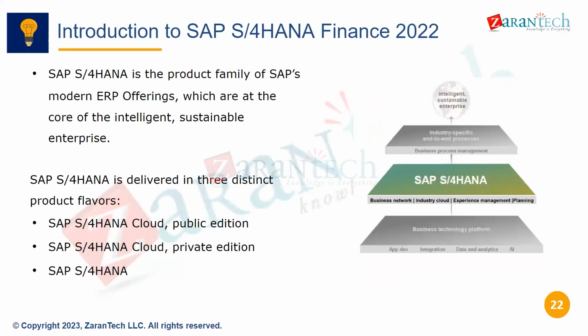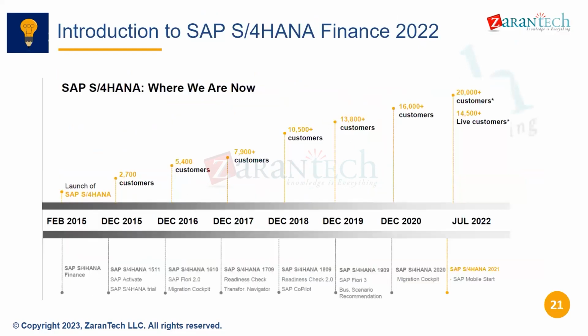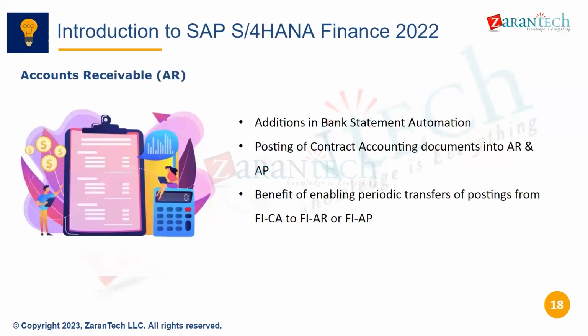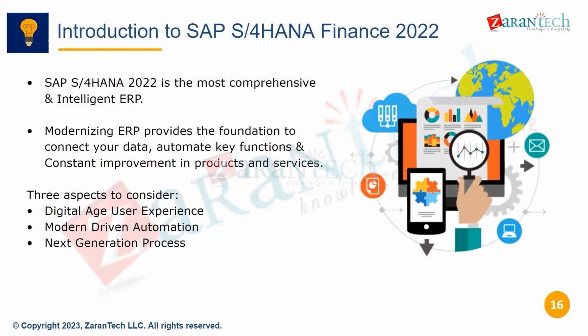There are so many changes that have happened. This S4HANA 22 is the latest version of S4HANA. It is also the most comprehensive and intelligent ERP.